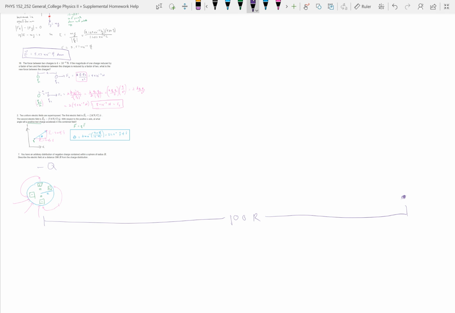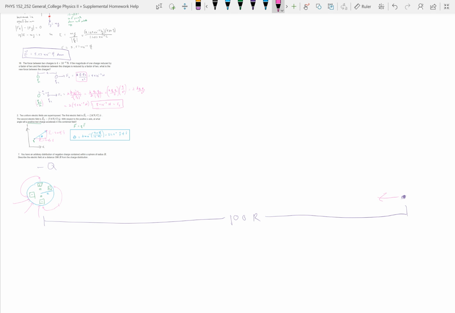And so if it's a negative charge, I'm just going to see electric field going like that, because it goes into negative. And as far as I can tell, it's just a point charge because it's so small compared to how far away I am.